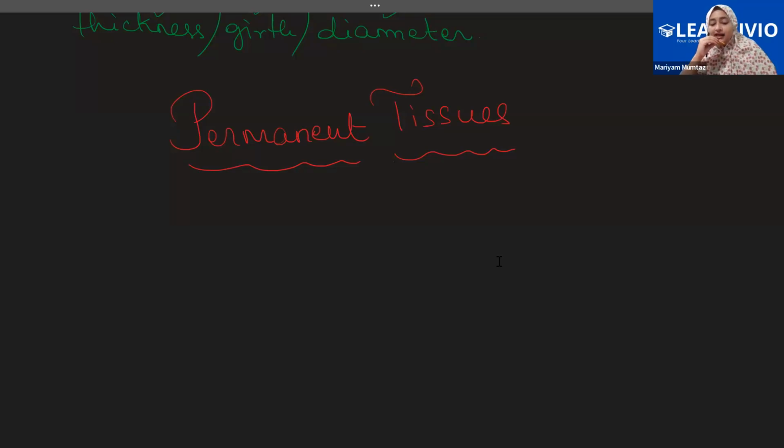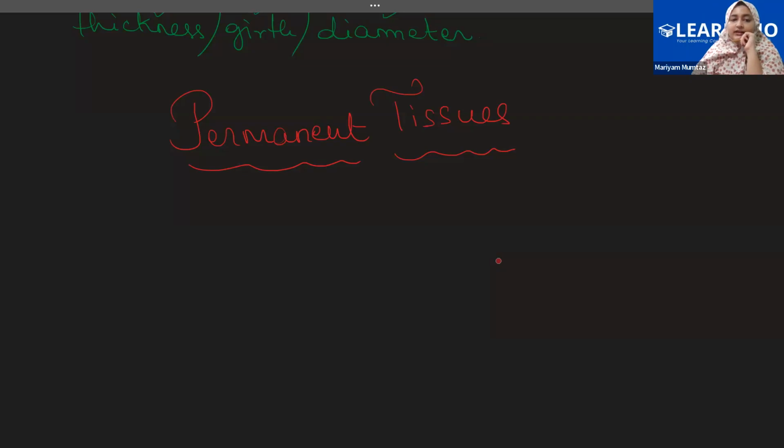And since they do not have the property to grow, do you remember that meristematic tissues do not have large vacuoles because they do not need to store anything? They need to keep on dividing. But contrary to that, the permanent tissues have vacuoles present because they have the purpose to store. Clear to everyone? Yes, ma'am.